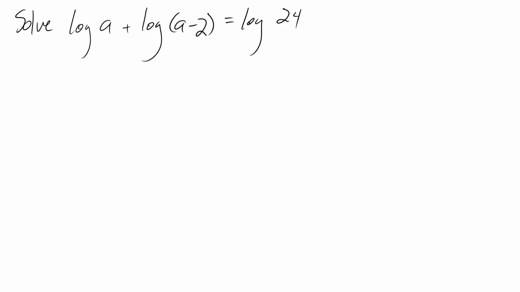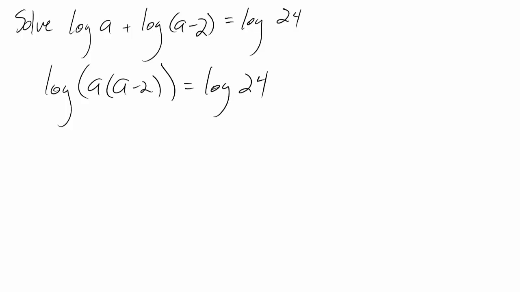Having multiple logarithms on one side of an equation is typically not ideal, so we're going to combine those two together. We have two logs of the same base being added, which means we can rewrite this as a multiplication inside of a single logarithm. So this is going to be log of a times a minus 2 equals log of 24.